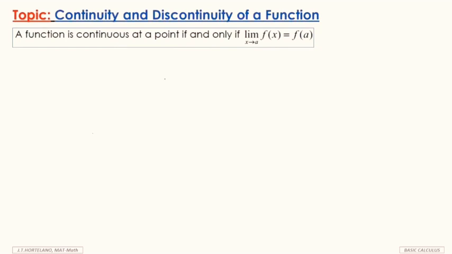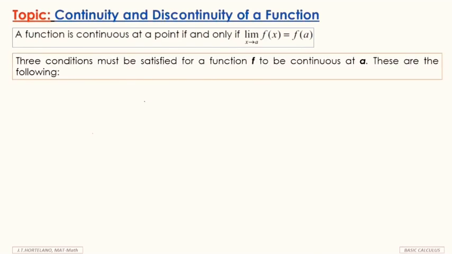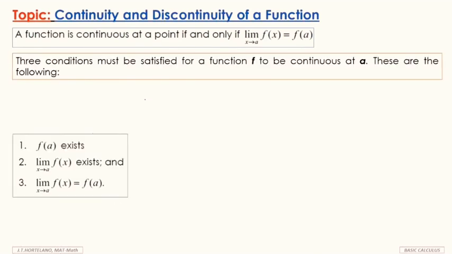Okay? Now this definition implies that we have to follow three conditions, and these three conditions must be satisfied for the function to be continuous at a certain number. And these are the following conditions.